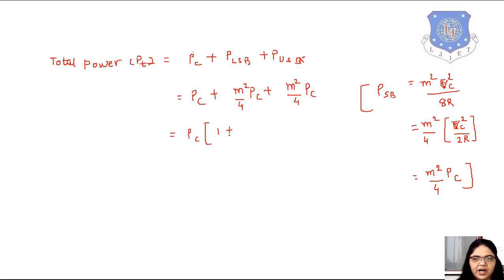It is 1 plus m square by 4 plus m square by 4, which is PC in bracket 1 plus 2m square upon 4. So it is m square by 2. So now we have the equation PT is equal to PC in bracket 1 plus m square by 2.